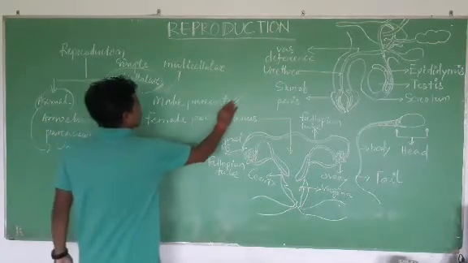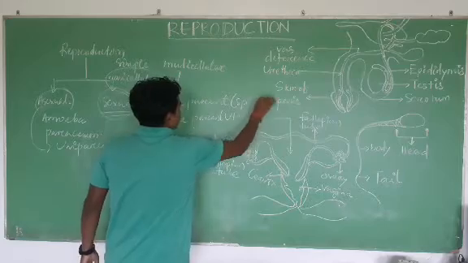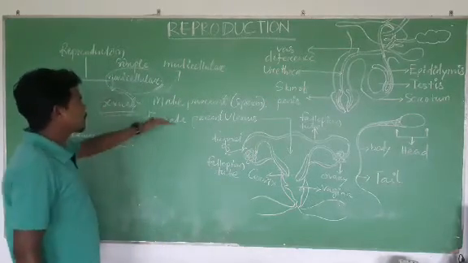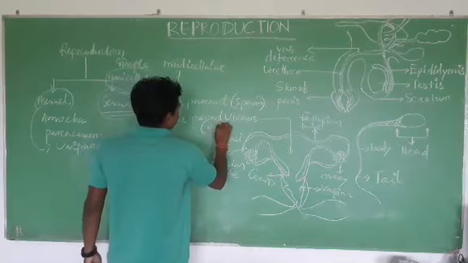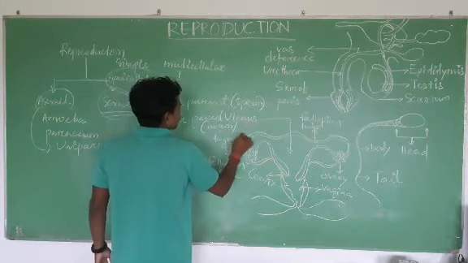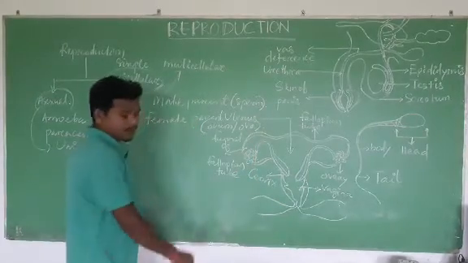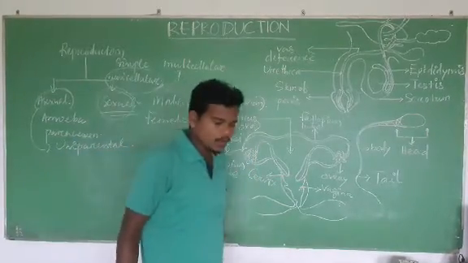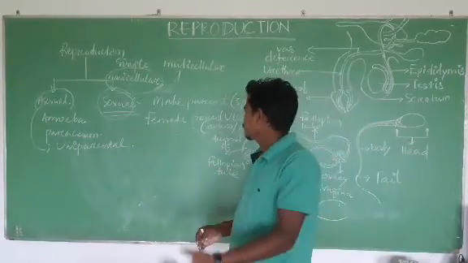Male reproductive cells are called sperm, and female reproductive cells are known as ovum, or ova. So this is all about the sexual and asexual modes of reproduction.